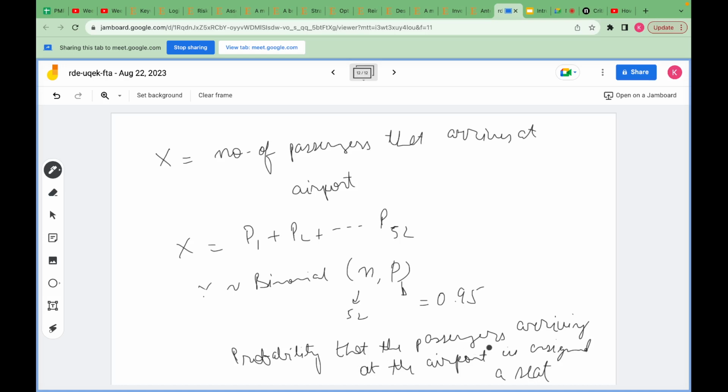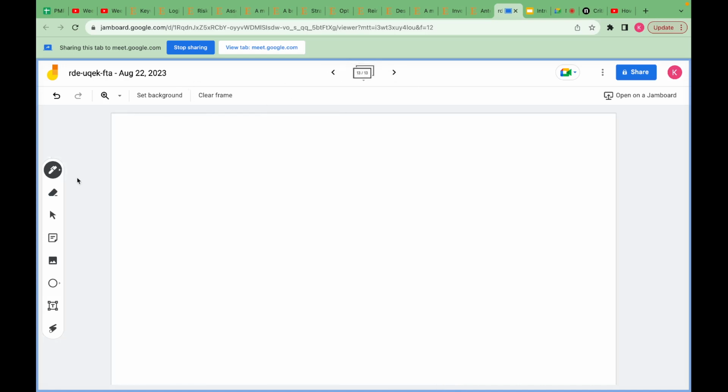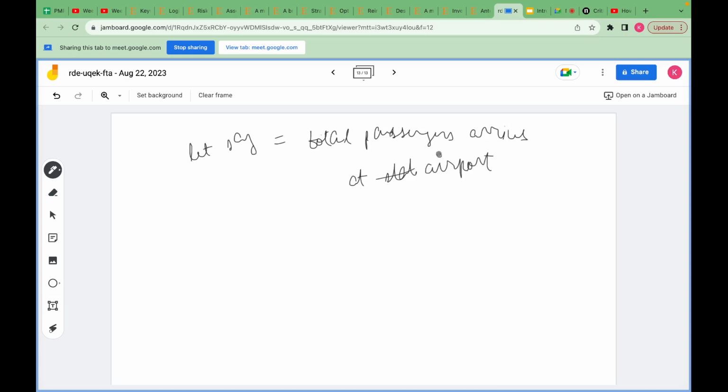Say the total number of passengers arriving at the airport is equal to I. Now we are asked for the probability that x is equal to I, and x is binomially distributed.